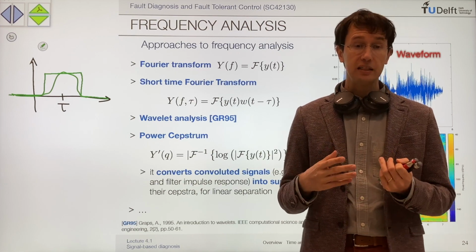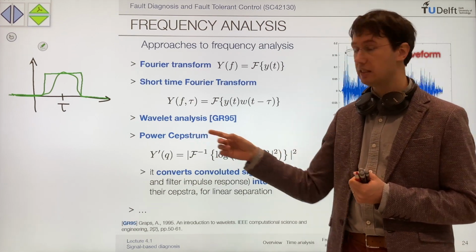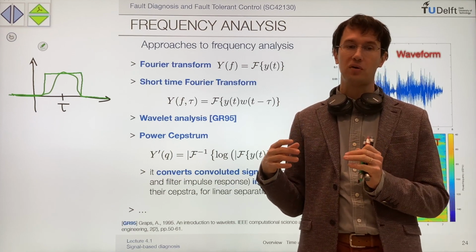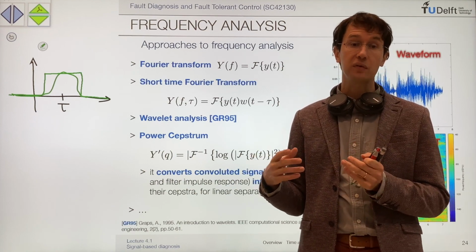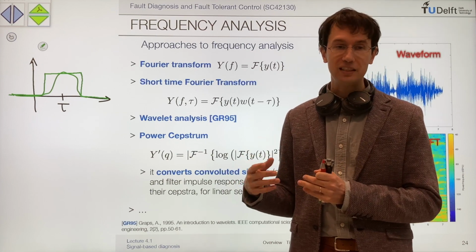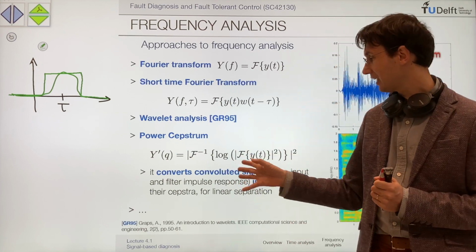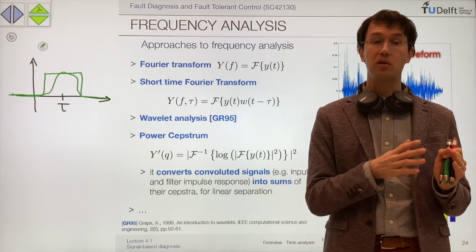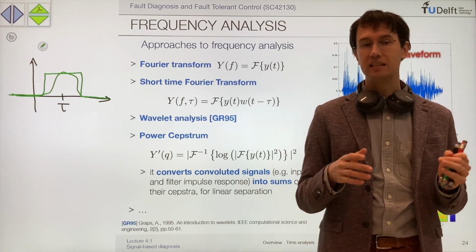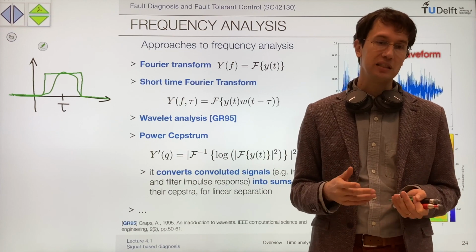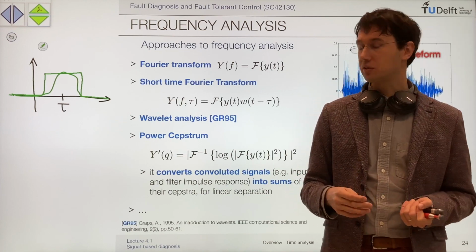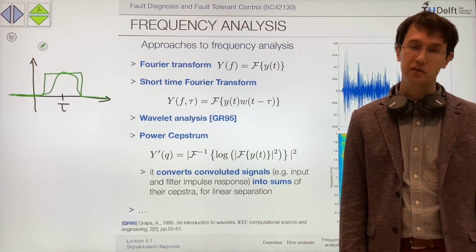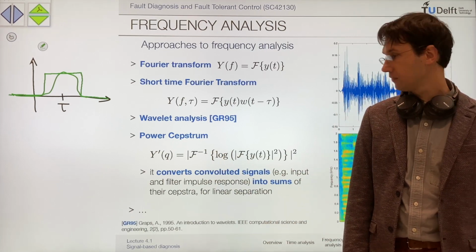Well, you can detect this by computing the cepstrum, because if you know the response in the frequency domain of the filter, then you're going to easily separate that from the spectrum of the signal. And the signal is arbitrary, so you don't know in advance what is the spectrum of the signal. So this is the usefulness of the cepstrum. It allows you to do linear separation in the frequency domain easily.